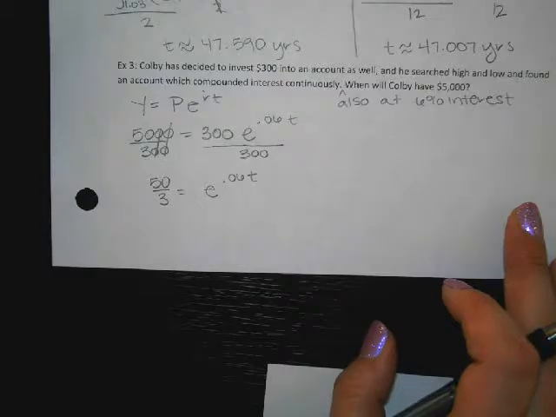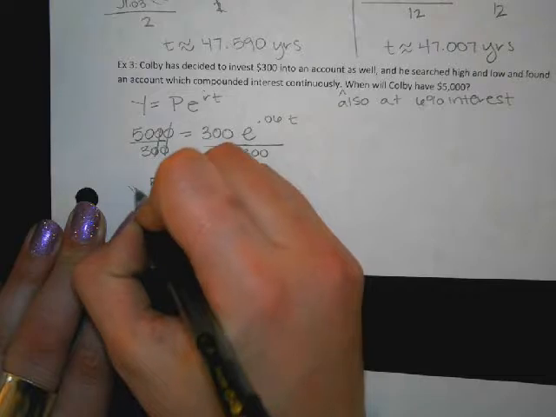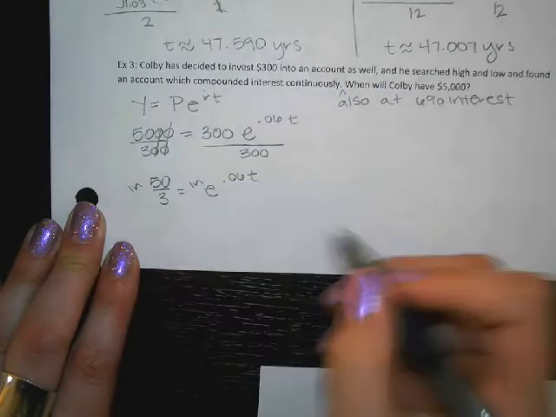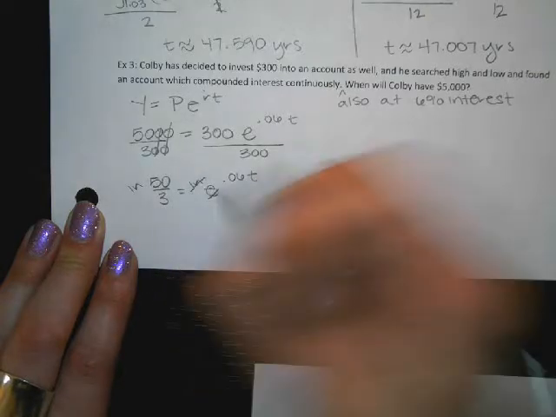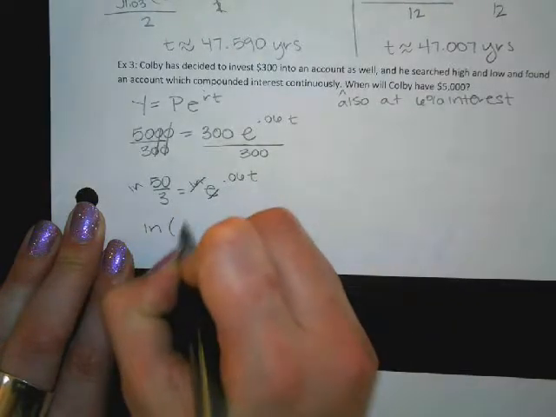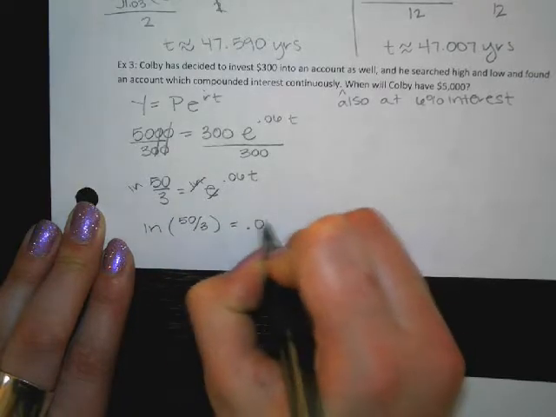We want to make it in log form so we can get the exponent alone. And this time the log that we're going to use is an ln specifically because the base is e. So we're going to ln each side. Ln that side, ln this side. What happens with the ln and the e? Cancel out. We have ln of 50 thirds equals 0.06 t.